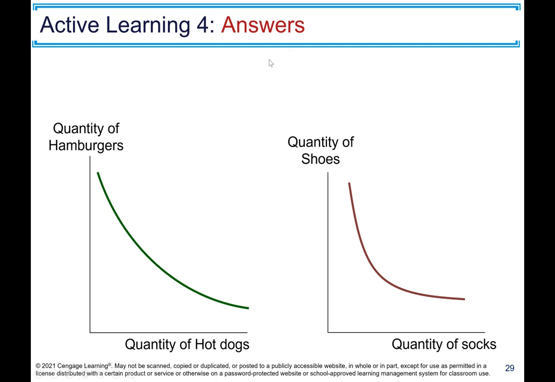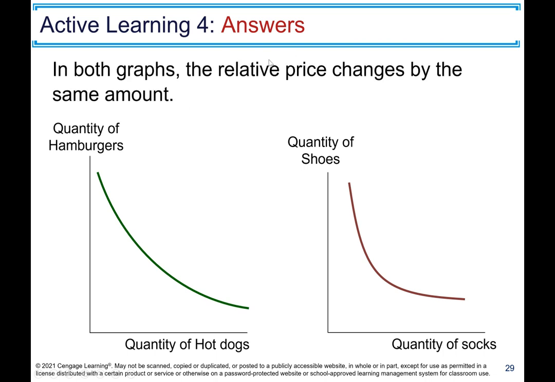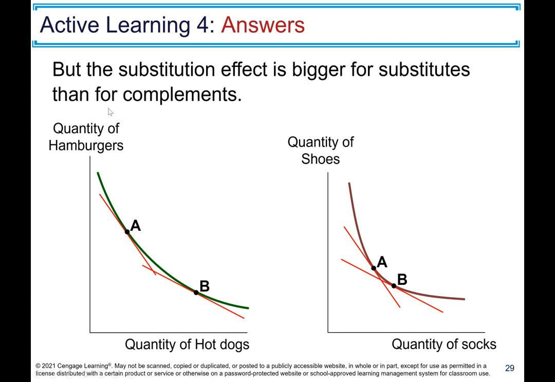Active learning answers. In both graphs, the relative price changes by the same amount. The optimum is at point A, and it changes to point B. But the substitution effect is bigger for substitutes than complements.